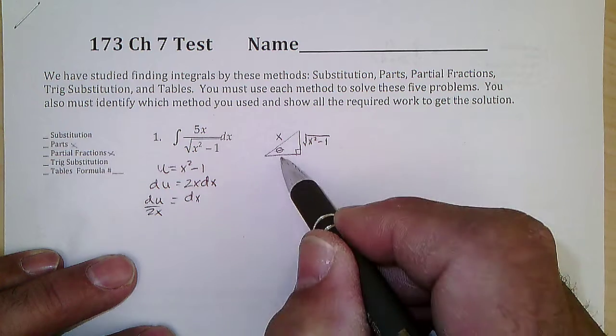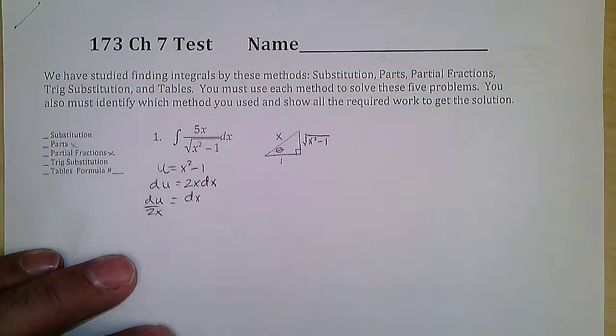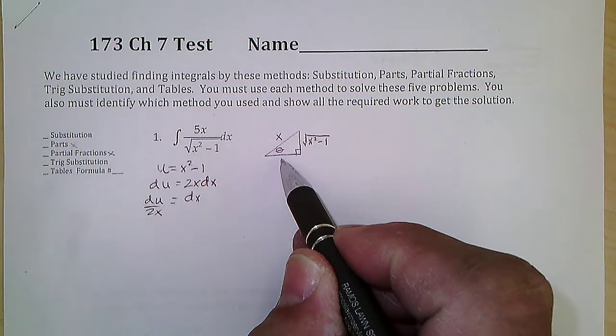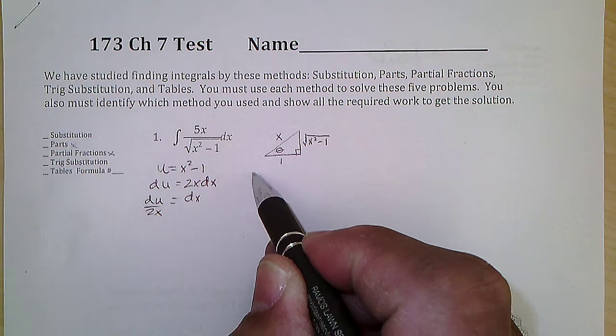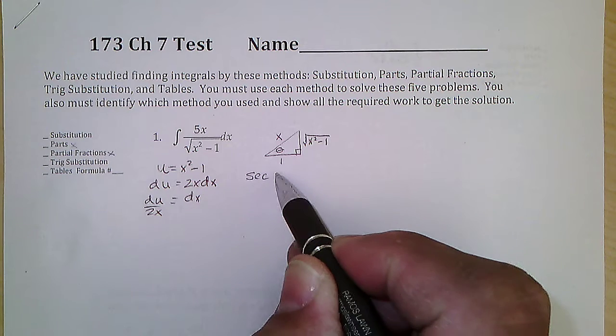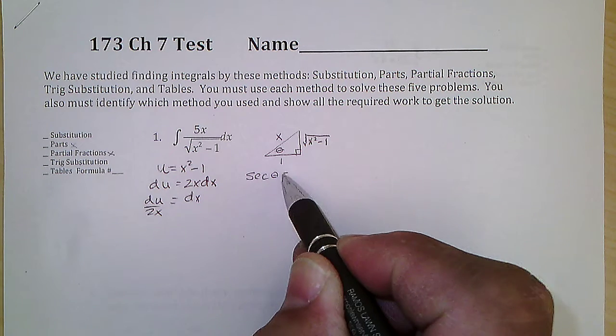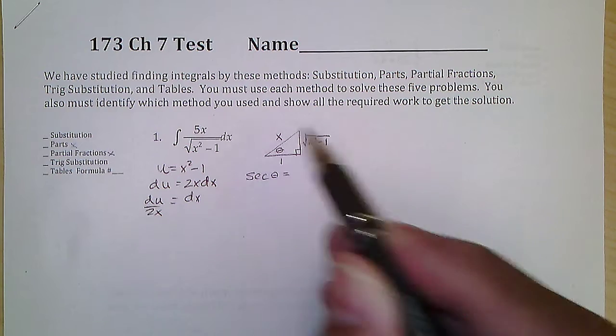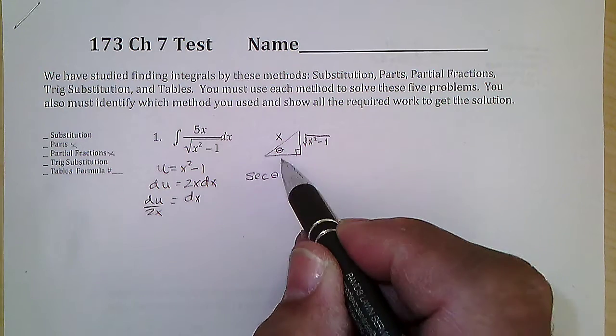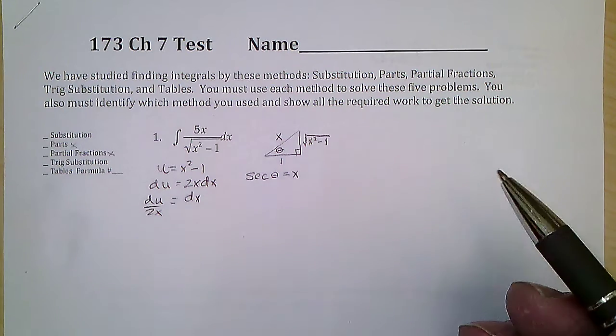Square root of 1 is 1, and that's how I'd set that up. And I would say, see, 1 over x is the cosine, x over 1 is the secant, so x is secant theta.